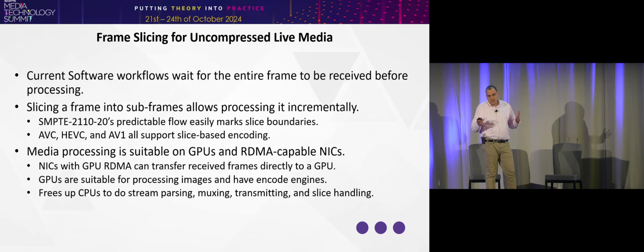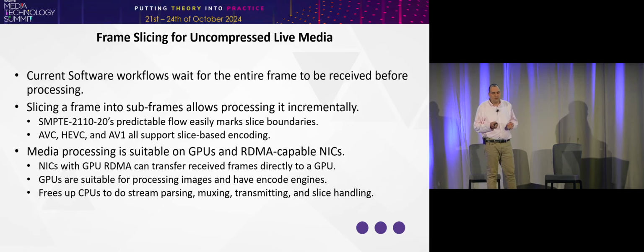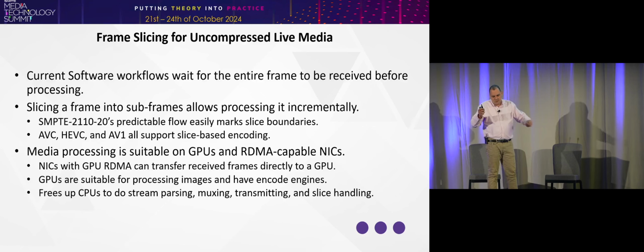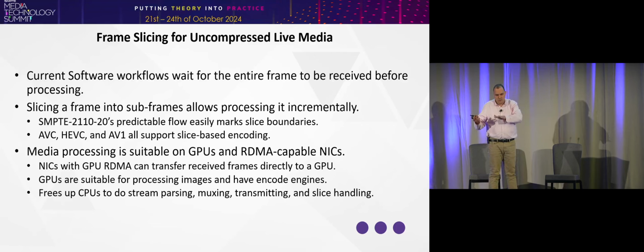Now, combining them together, some high-speed NICs are also RDMA capable. RDMA usually refers to remote direct memory access. In this case, we're not actually quite doing that, but the idea is that you have a NIC and you have a GPU, and as an uncompressed frame is coming in, as long as the NIC is RDMA capable and can interface with the GPU, you can get that data directly into GPU memory.